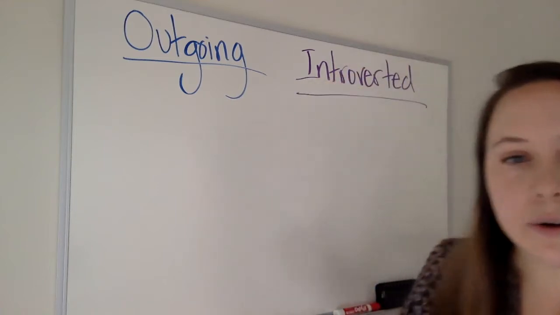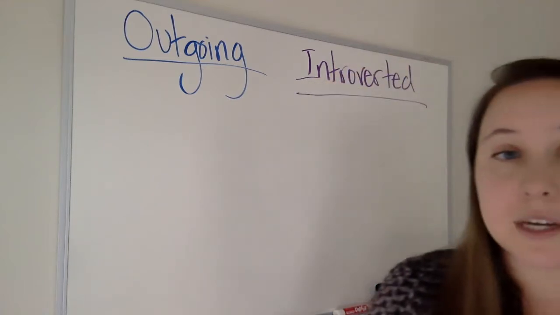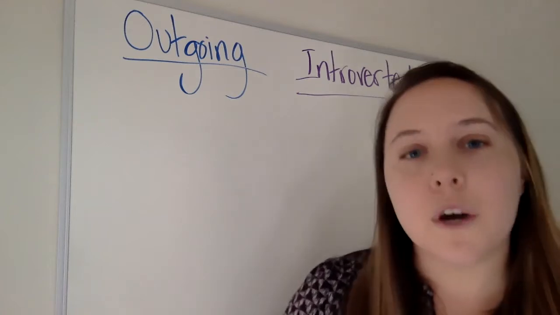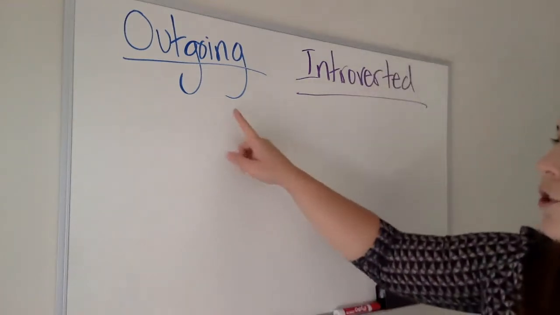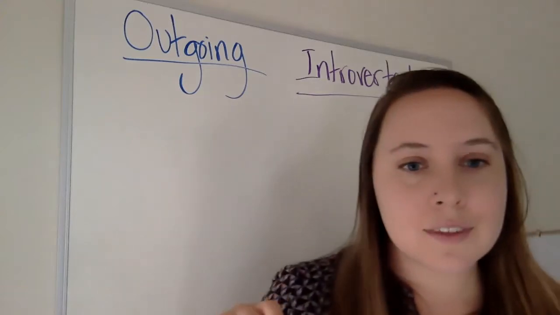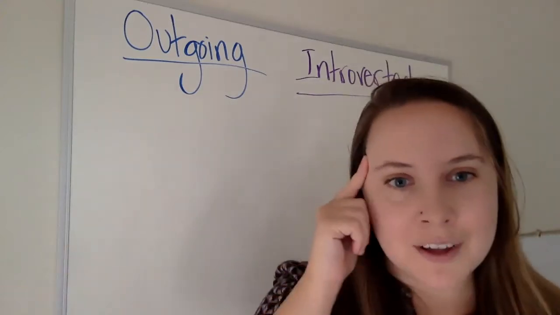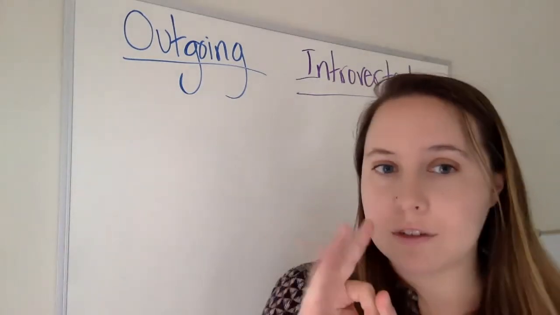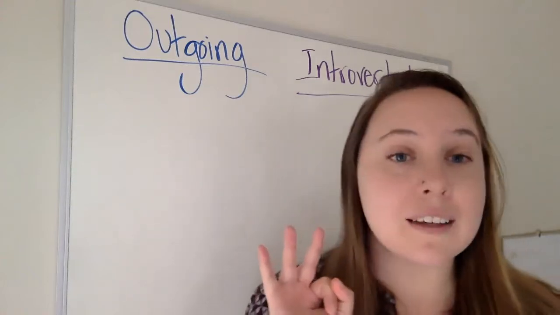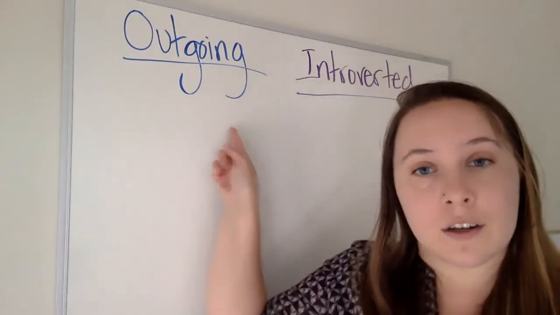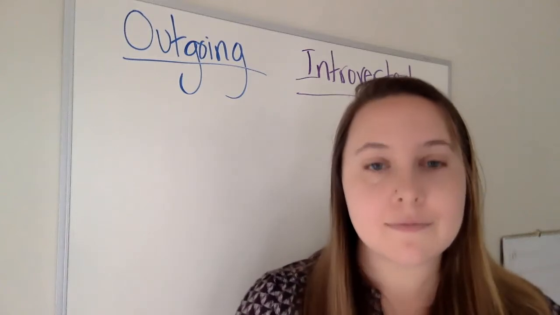Can you see that? Okay. I'll try to make sure I write big enough. Okay. So what are some examples of someone who is outgoing? I want you to just think to yourself, think of 3 examples. 3 examples of activities that someone who is outgoing might enjoy.